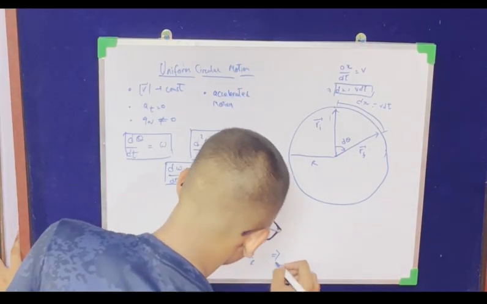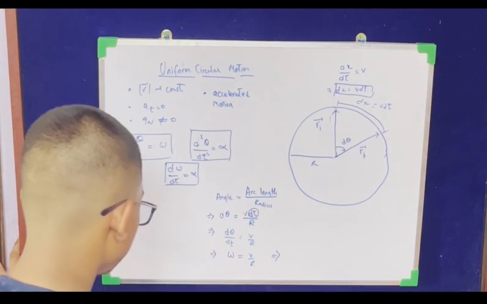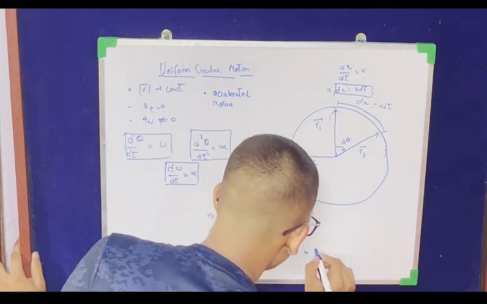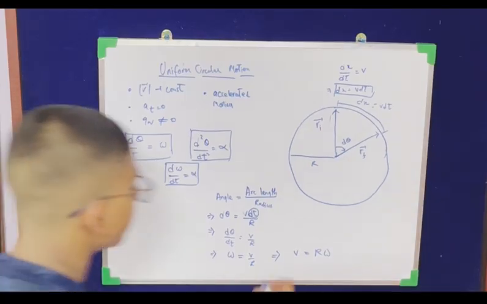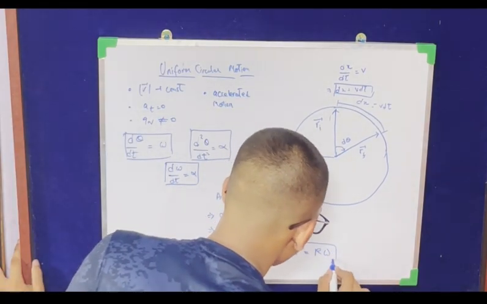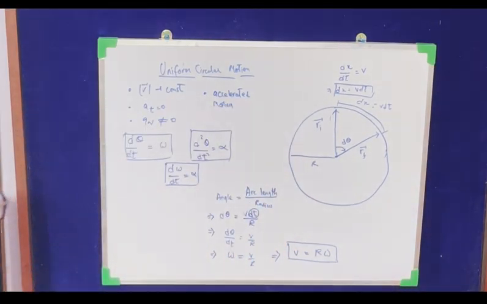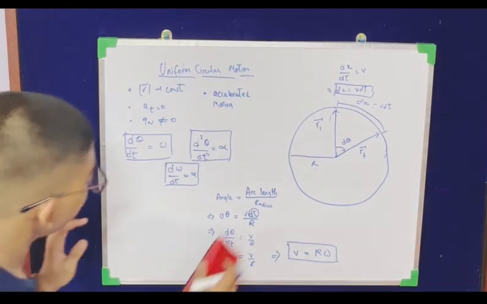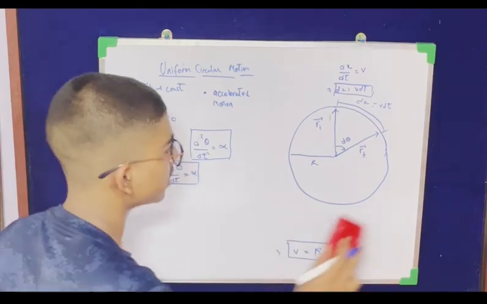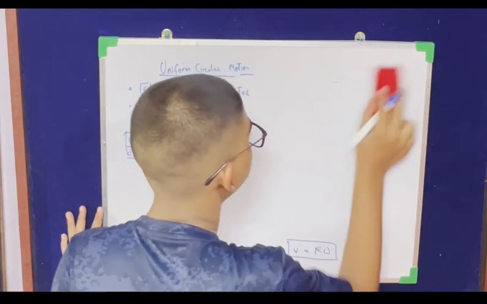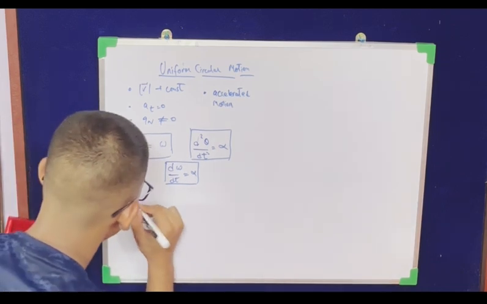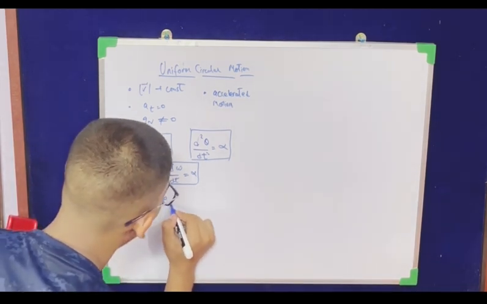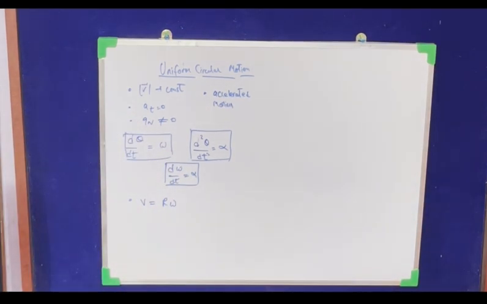And therefore velocity is equal to r times omega. Clear? Velocity is equal to r times omega. This is an important formula we have to take care of. This derivation is not important, but still I made it. So let us write this formula as a result: v is equal to r times omega.